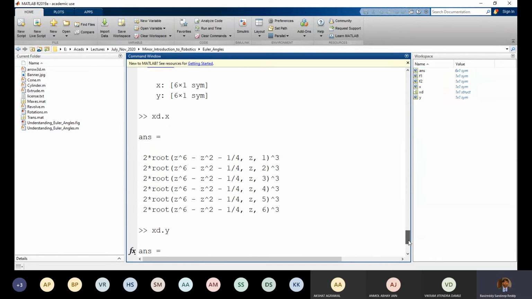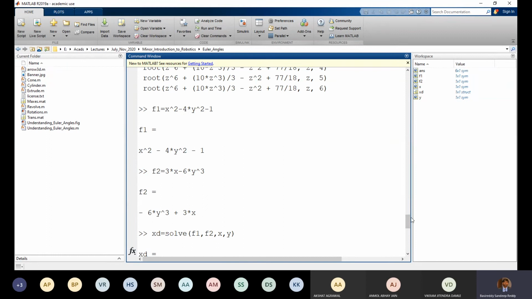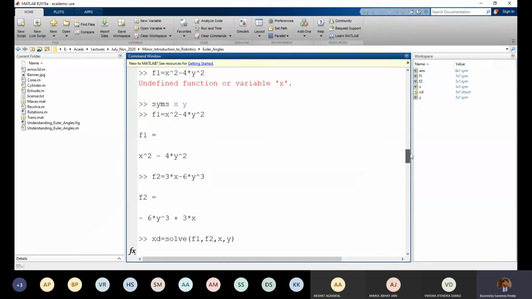In all cases, it is not able to solve. Because in both these cases that I mentioned, it was quite trivial. The first expression was x square minus 4y square equal to 0, and the other, 3x minus 6y cube, was also 0. So solve was able to do it for that case. But if you put, for example, x square minus 4y square plus something and 3x minus 6y cube plus something, then solve is not able to do it.